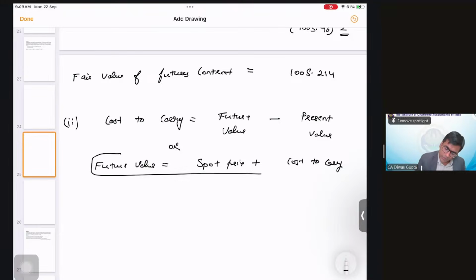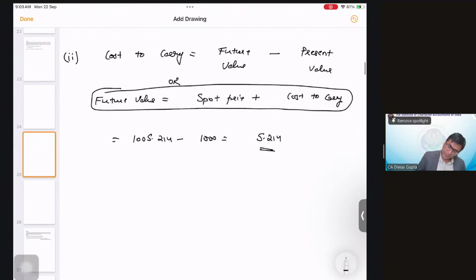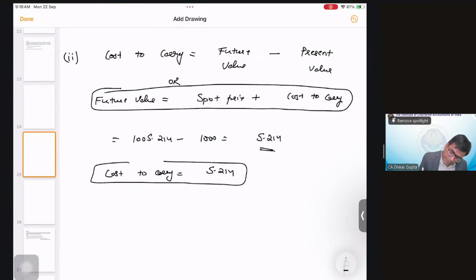This is just the other way around. So in this case, it is 1005.214 minus 1000, which is 5.214. So the cost to carry becomes 5.214. Students, clear? Sir, the cost to carry is nothing but the interest cost? Interest cost, yes. It is just the interest differential between both the numbers. Clear, students? Yes, sir.